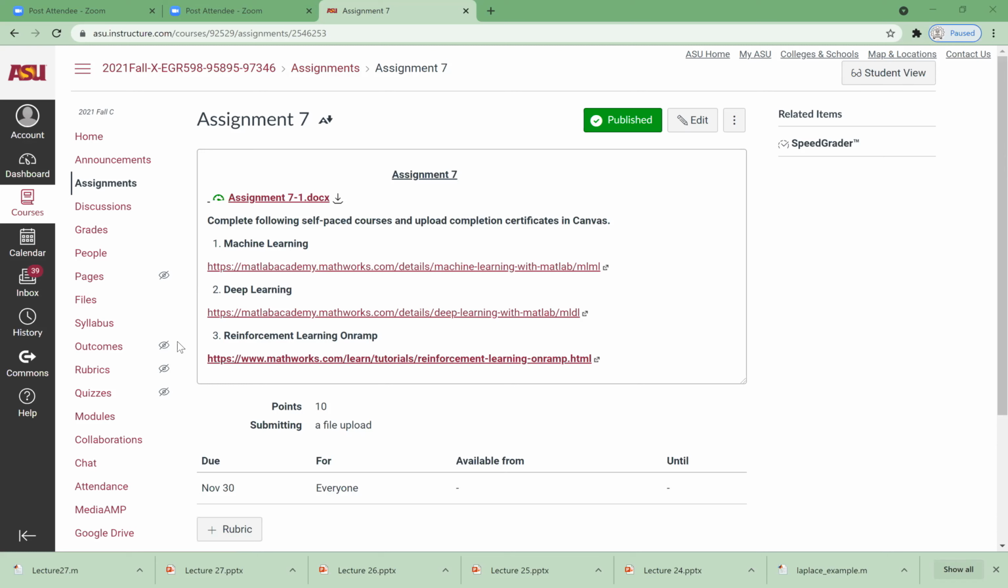But you need to do something. Most of the problems have hints in the textbook. You will need to upload the certificate, or solve the problem, scan your handwritten work and upload it in Canvas. That's what you need to do.